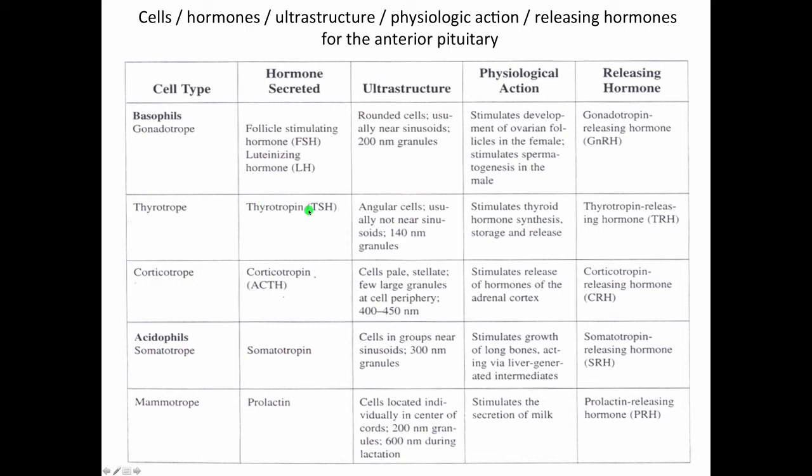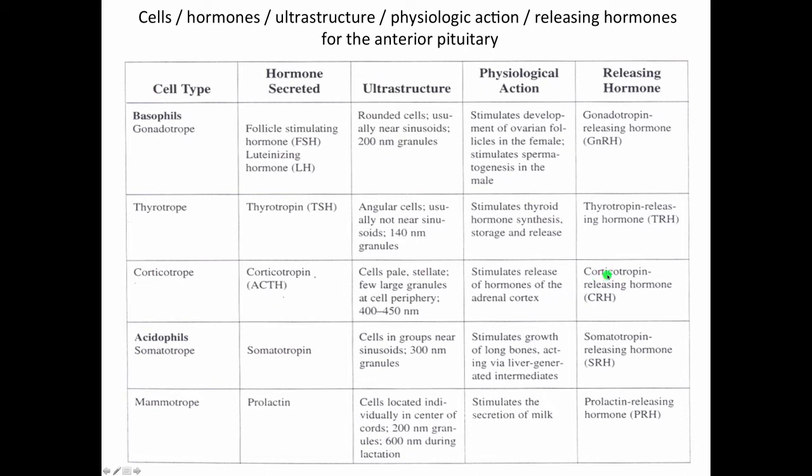Thyrotropes release thyrotropin, so-called TSH. This stimulates the thyroid gland. Thyrotropin-releasing hormone from the hypothalamus regulates its secretion. And you can go through this table so you can see ACTH for the corticotrophs, somatotropin for the acidophils, prolactin for the mammotrophs.